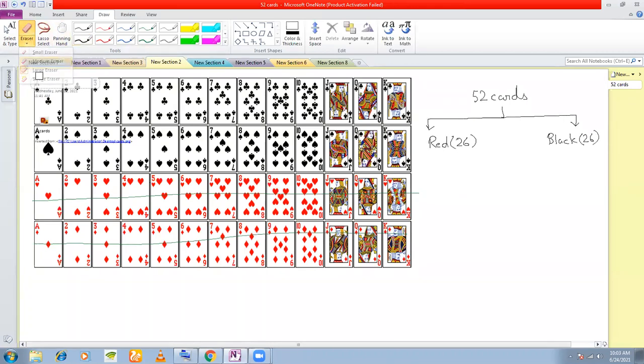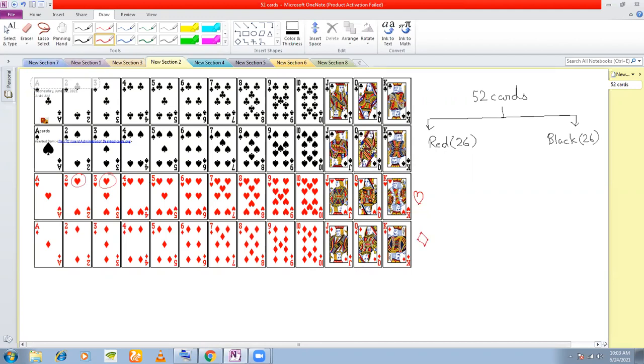Now see, the red cards have been classified into two. What are they? These cards are called hearts. We see hearts everywhere. So there are 13 hearts, right? And this is a diamond.